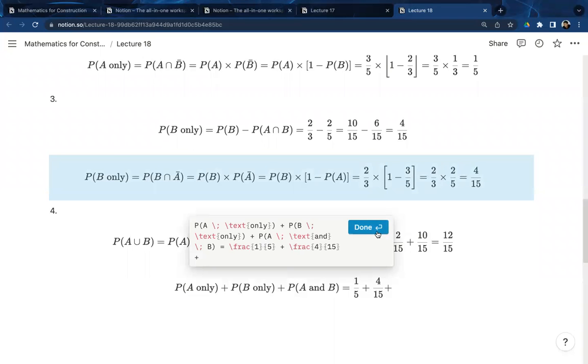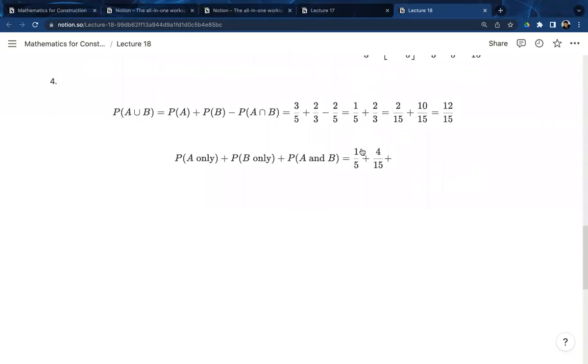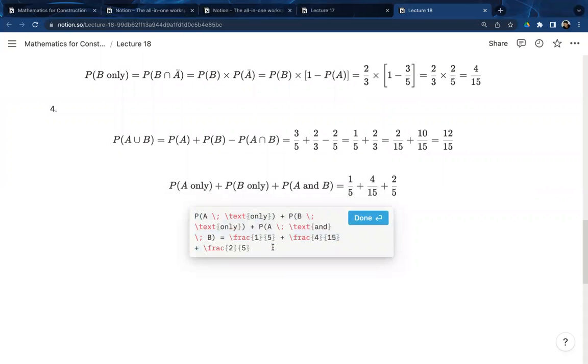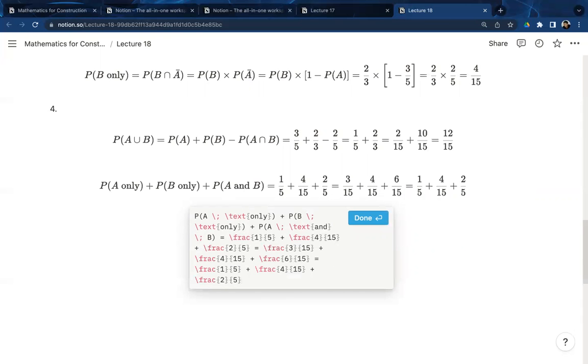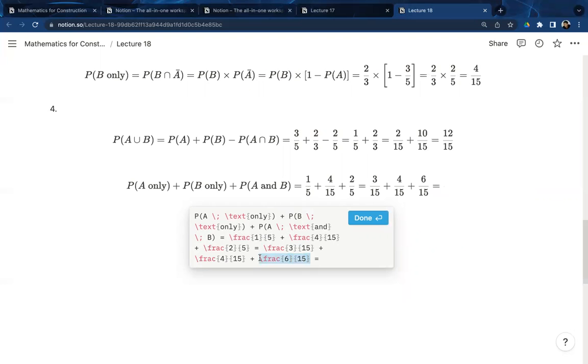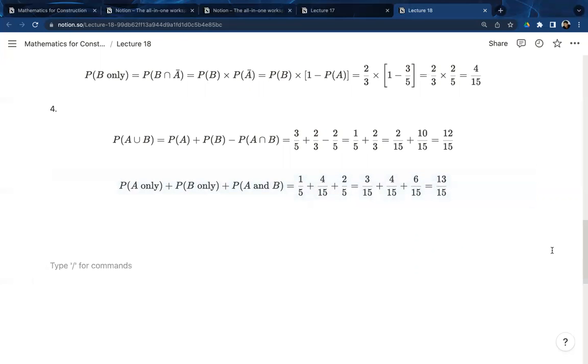And the intersection is the 2/5. That's the 13 over 15 there.